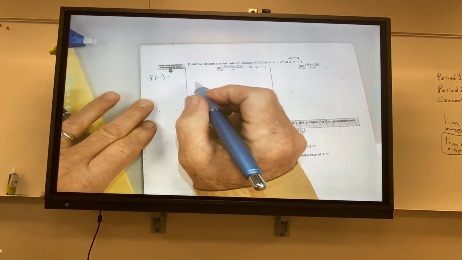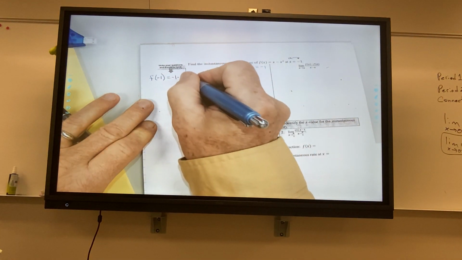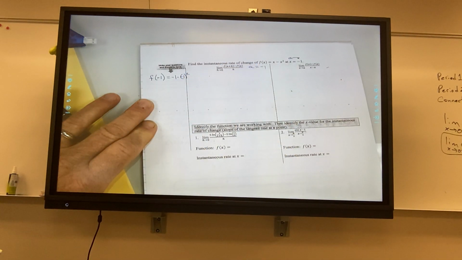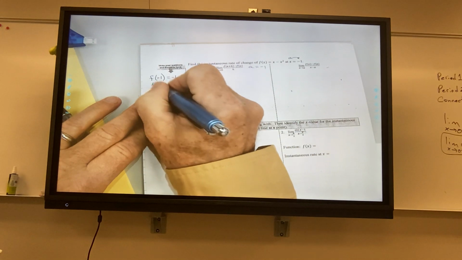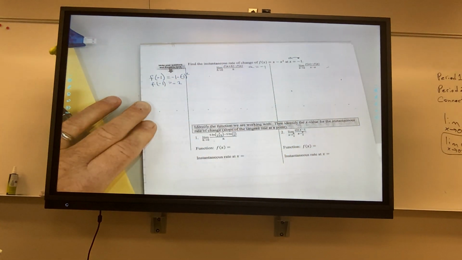And when I put negative 1 in here, it says take negative 1 minus negative 1 squared, correct? And so f of negative 1 is negative 2. Everybody okay with that?